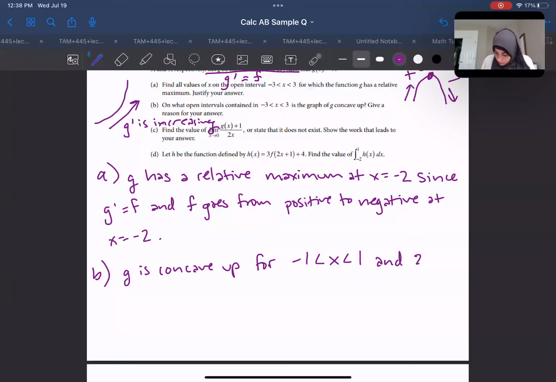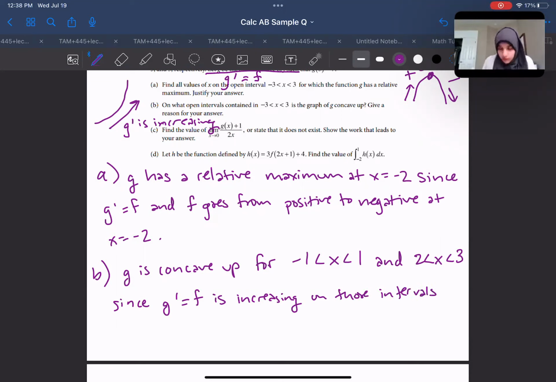So also for 2 < x < 3. Since g prime equals f is increasing on those intervals. That's part 1 and part 2, or part A and part B.